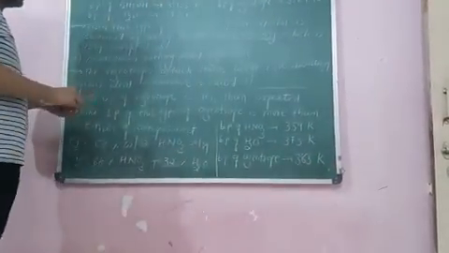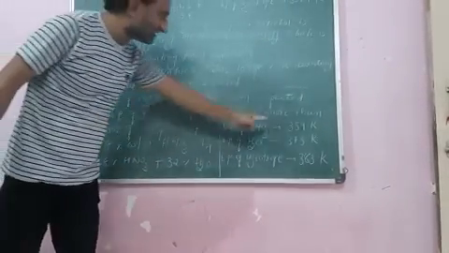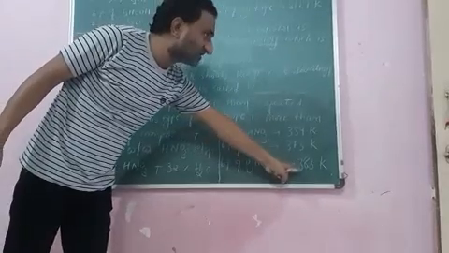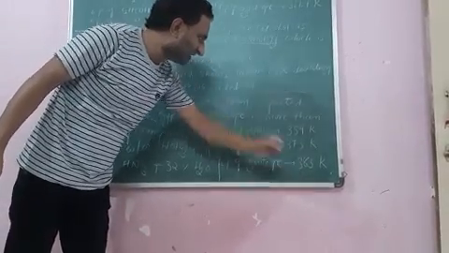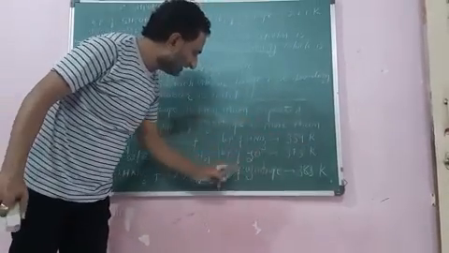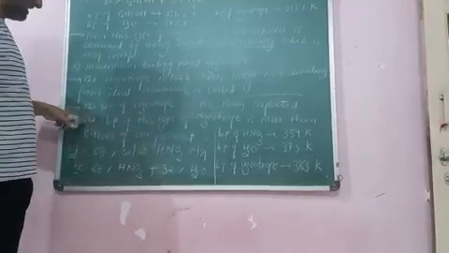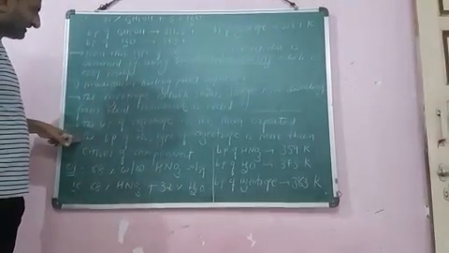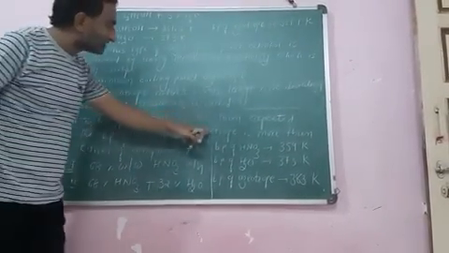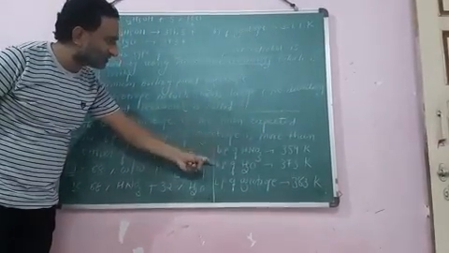Now observe here, the boiling point of HNO3, component number 1, is 359 Kelvin. The boiling point of water is 373 Kelvin, so the boiling point of the azeotrope is the higher, 383 Kelvin. Now see here, the boiling point of this type of azeotrope is more than either of the components.